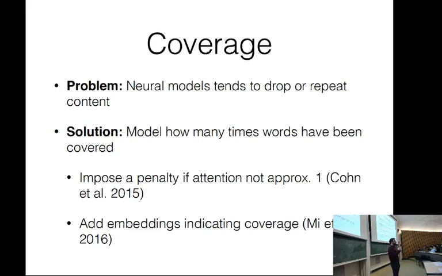Basically, one of the methods they try is when they generate attention weights for each step, they deduct them from the budget that you have for attending over all of the source words. So as you generate more and more attention weights when you generate the target words, you reduce your budget, and eventually when you're done generating, you want to have a budget of 0, which means that you have looked over all of the source words. You can find more details in the paper.